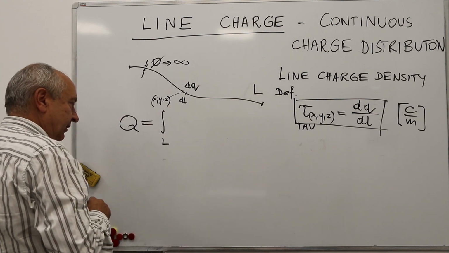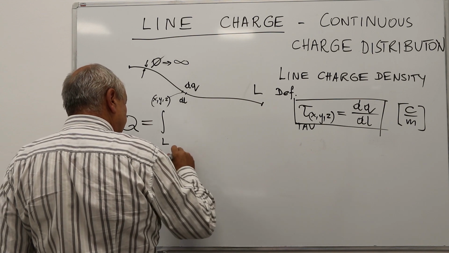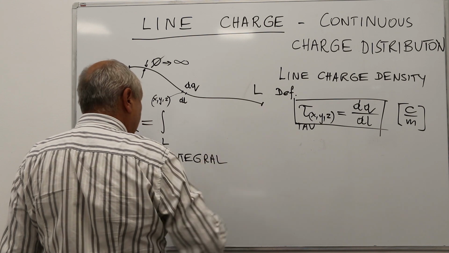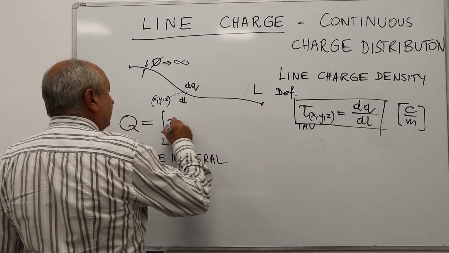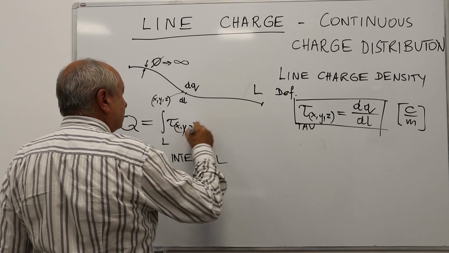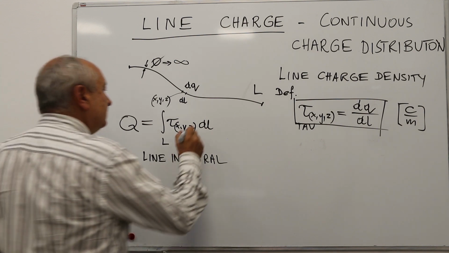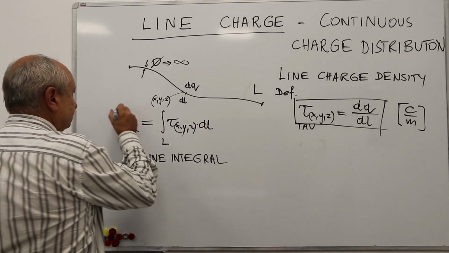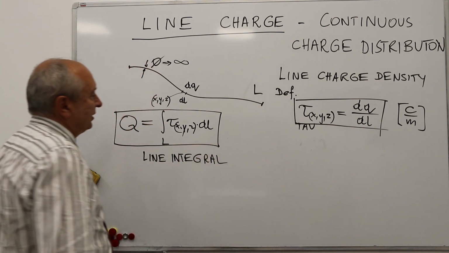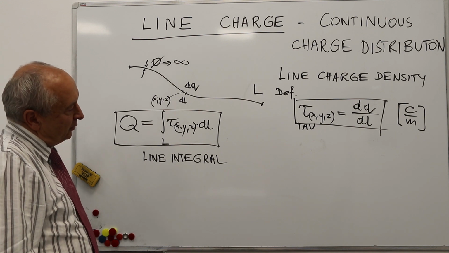This is a line integral of tau dl. I put this in a rectangle, which means that you should know this formula.